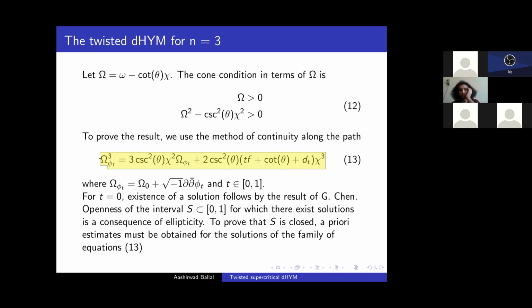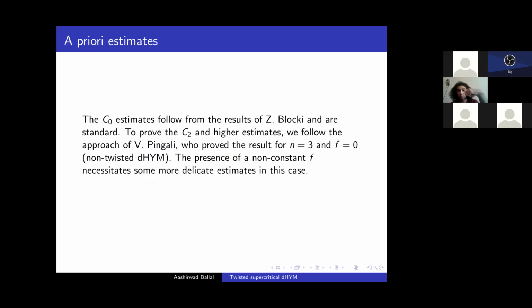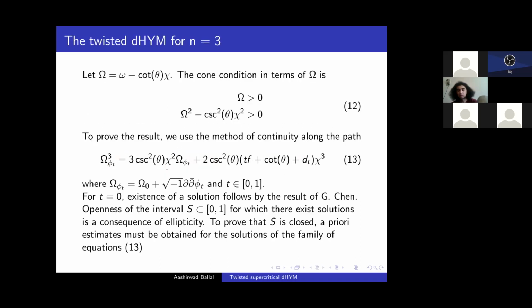To use the method of continuity, we have to solve this family of equations for each t, and we have to show that the set of t where it has solutions is open, closed, and non-empty.